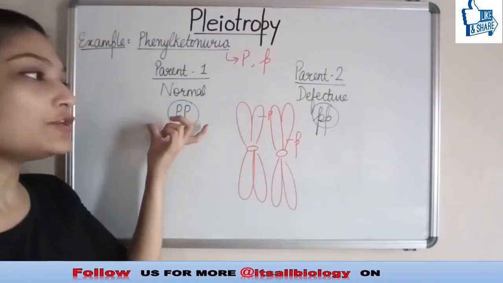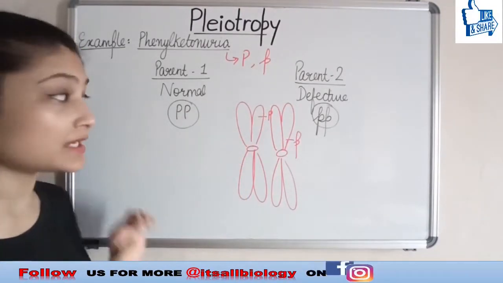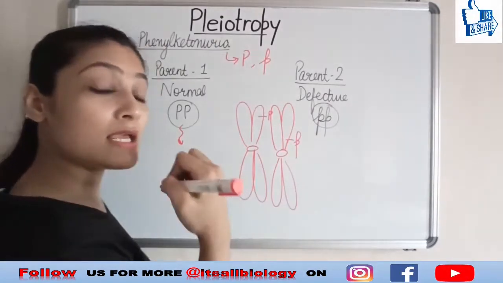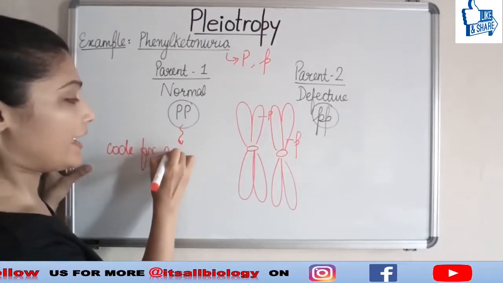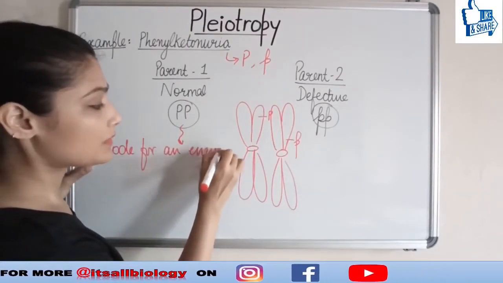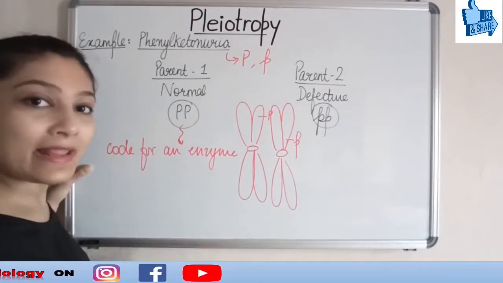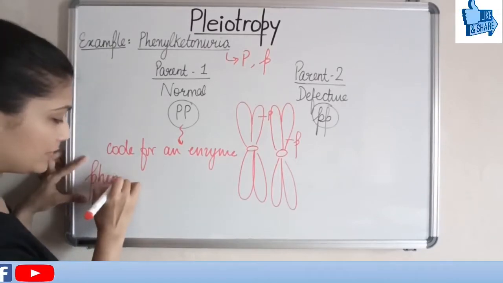First of all, in normal cases, when there is this P gene present, this P allele or the dominant allele is going to code for an enzyme which is known as phenylalanine hydroxylase. This you have to remember.